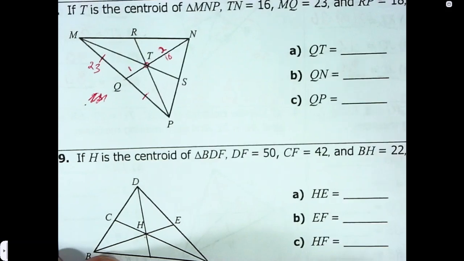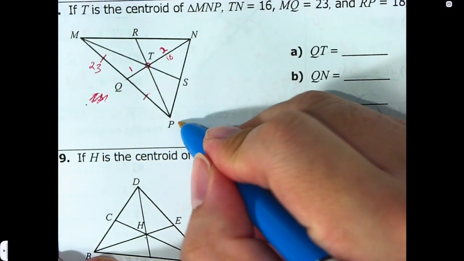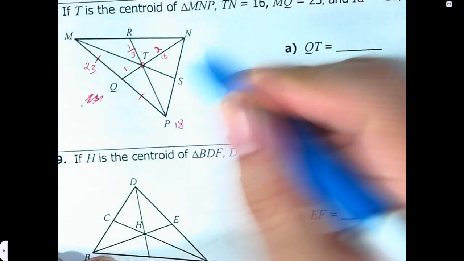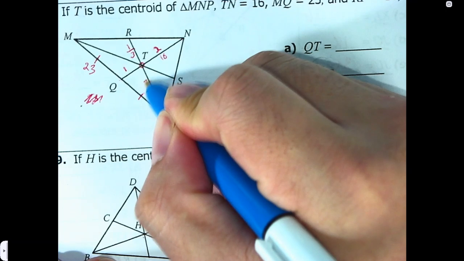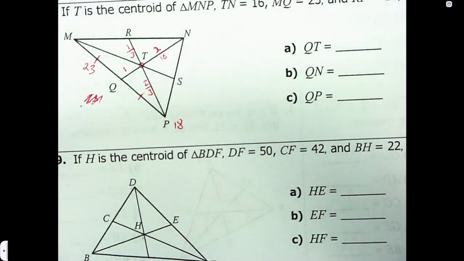RP is 18, so the whole segment is 18 units. And again, RT is only 1/3 of that, and TP is 2/3 of that. Now, for a fraction, when you multiply, remember you are dividing the denominator, dividing the bottom number by 3, and then multiplying the result by 2.